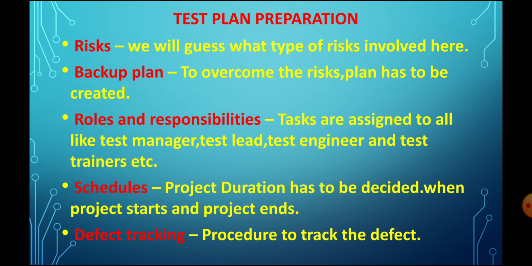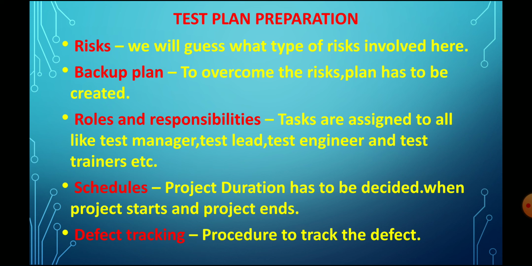We guess what types of risks are involved here. Next, backup plan. To overcome the risks, a plan has to be created. Next, roles and responsibilities. Tasks are assigned to all, like test manager, test lead, test engineer, and test trainers, etc. So tasks or work have been assigned to all employees in the company.